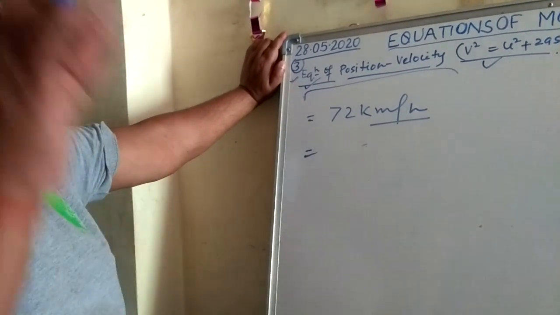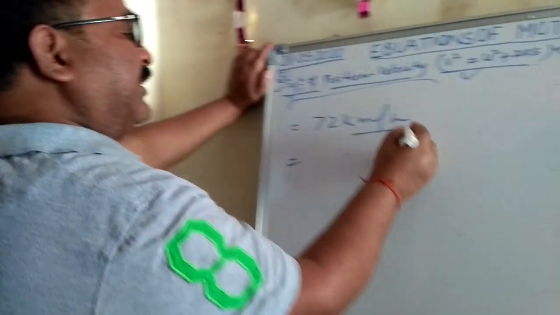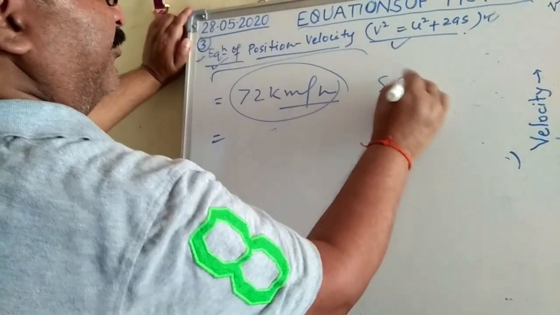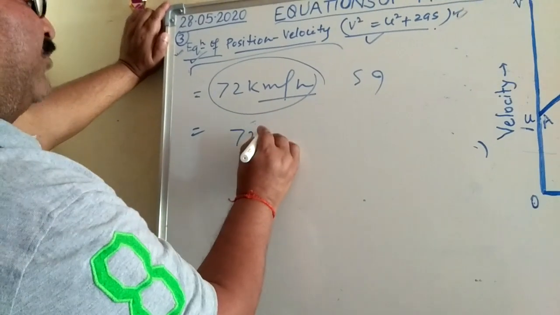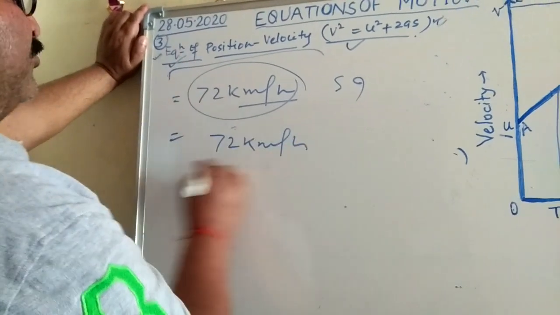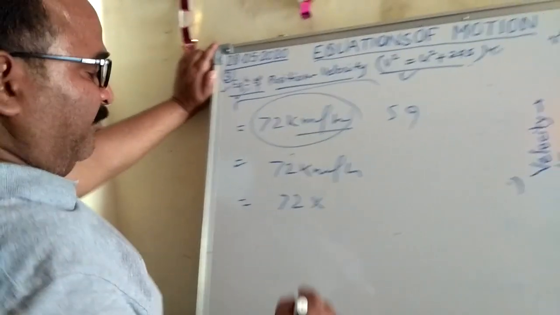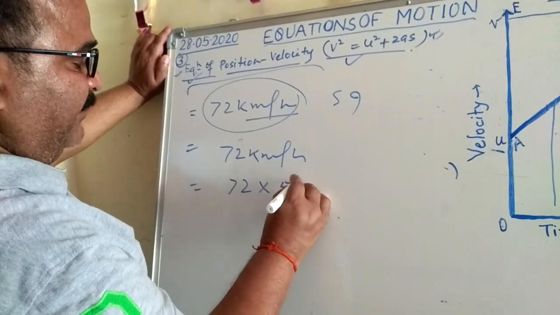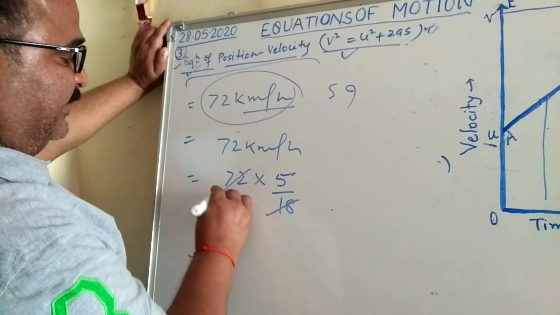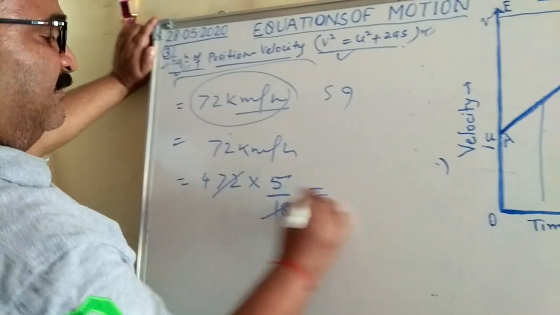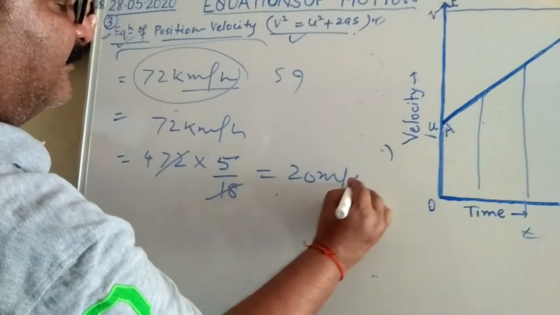So first you change everything into MKS or SI unit. To change 72 kilometer per hour into meter per second, the shortest method is to simply multiply by 5 by 18.